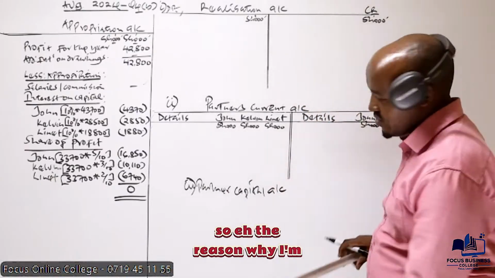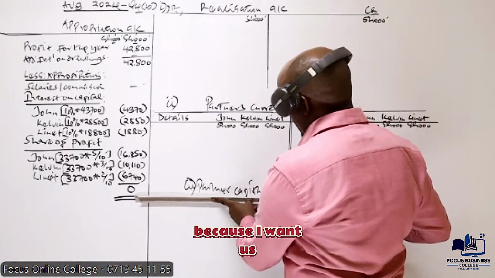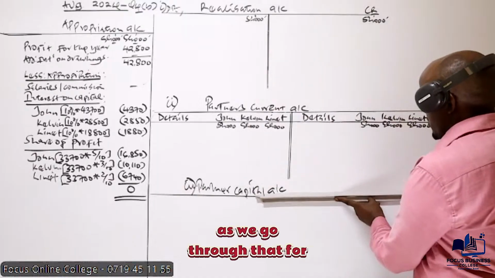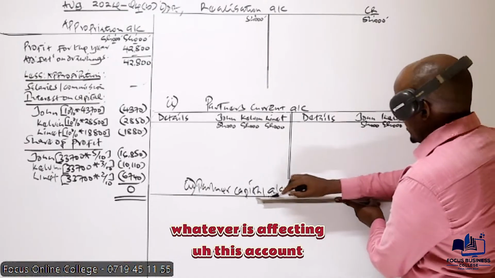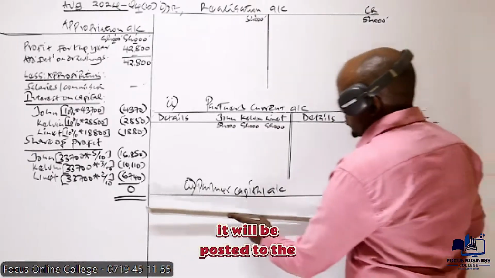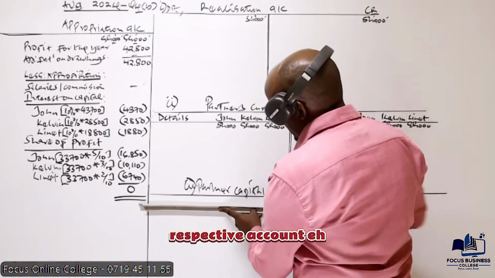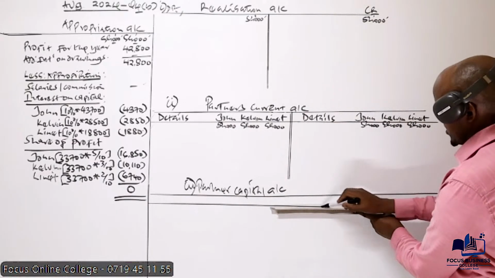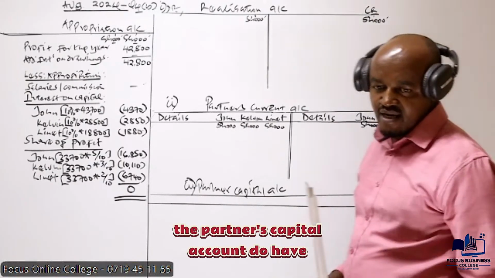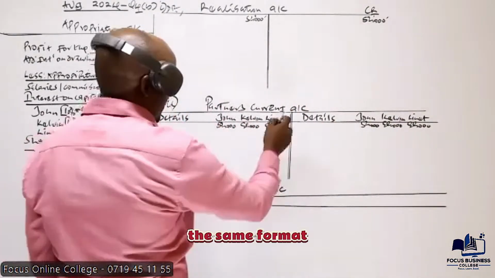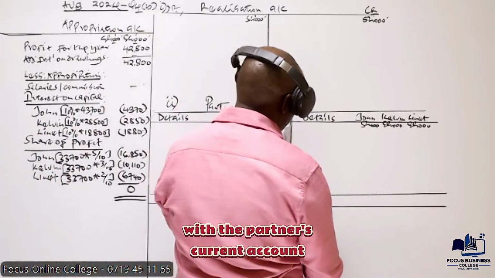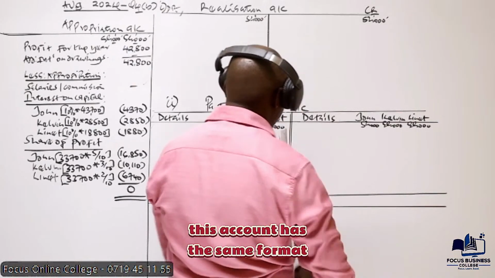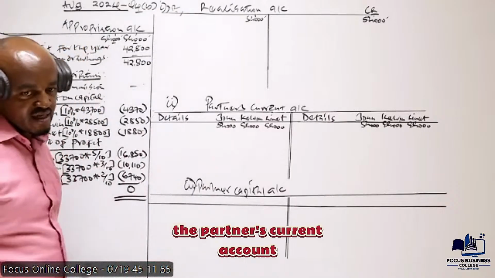So the reason why I'm having all these accounts is because I want us to prepare all these accounts concurrently. As we go through that balance, whatever is affecting this account will be posted to the respective account. Yes, so the partners capital account has the same format as the partners current account.